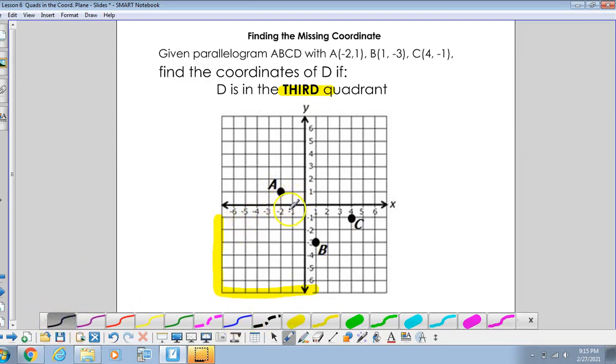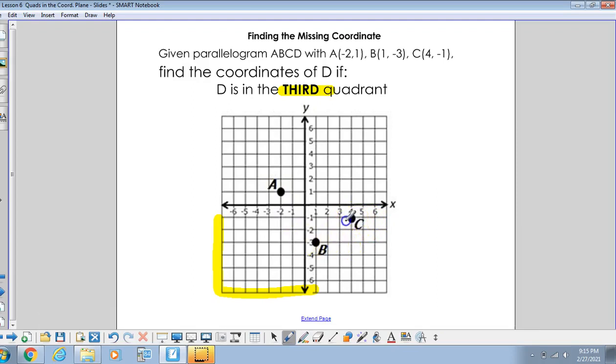This time let's check from C to B. I'm going to go my slope here. I'm going down 1, 2 and left 1, 2, 3. So we'll do the same for A. Down 2 and left 1, 2, 3. And that puts us over here at the coordinates (-5, -1).